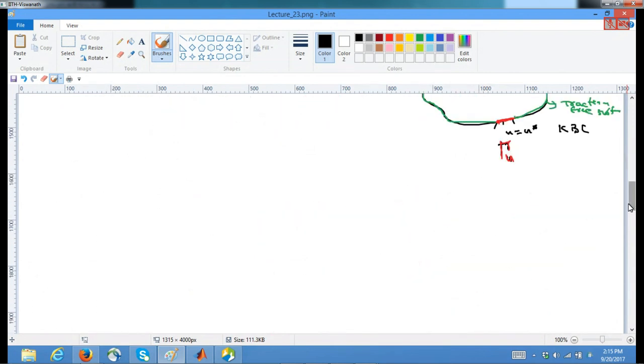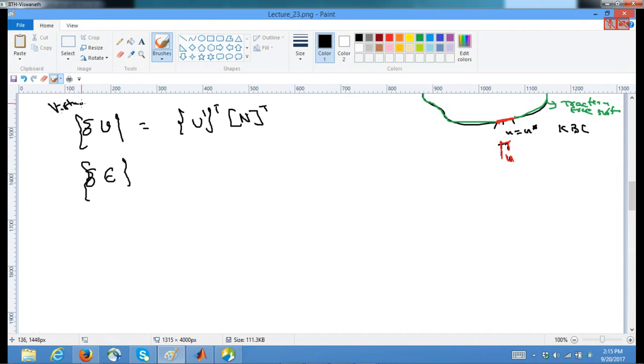So if your delta v is written as u dash n transpose, then your delta, this is virtual displacement, this is virtual strain.